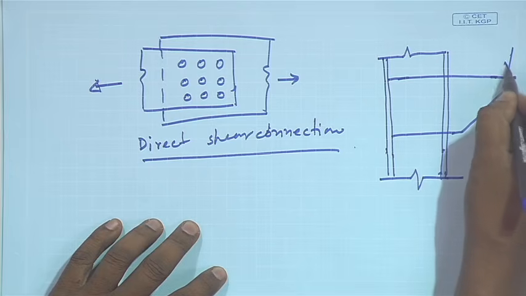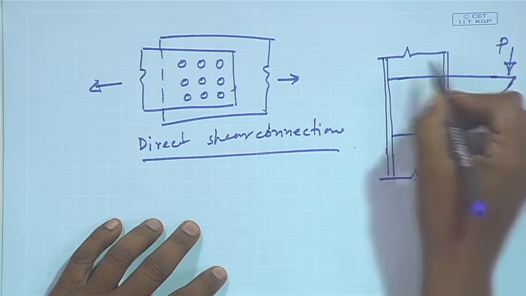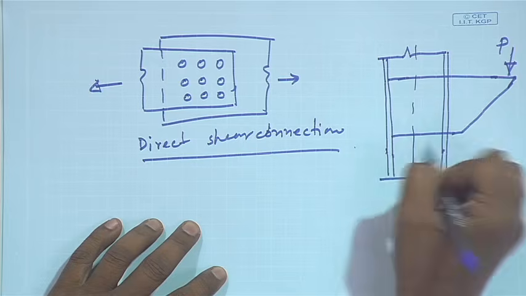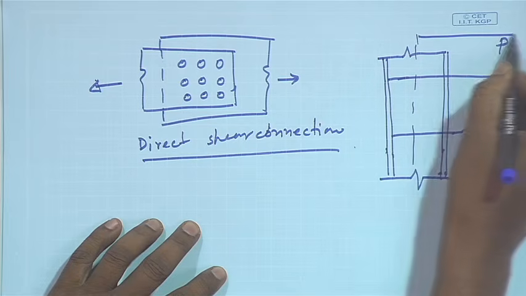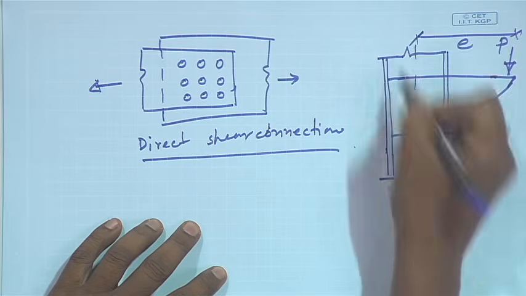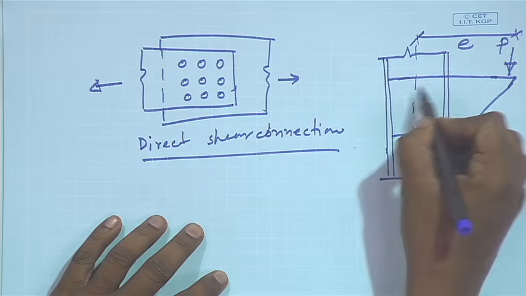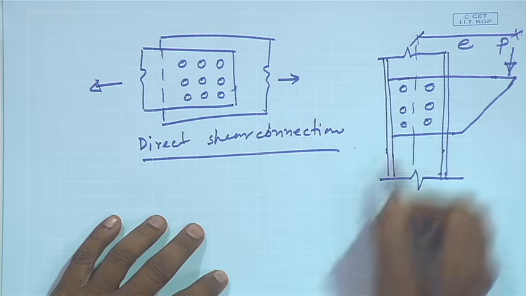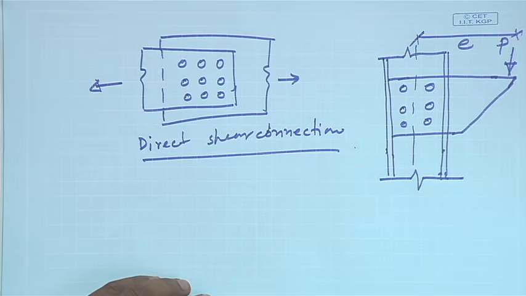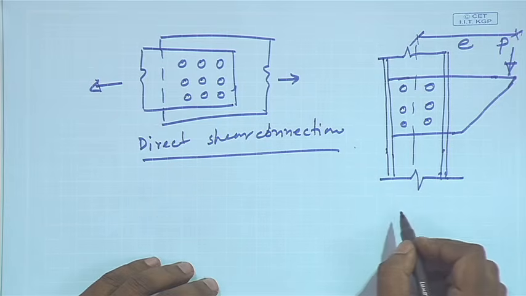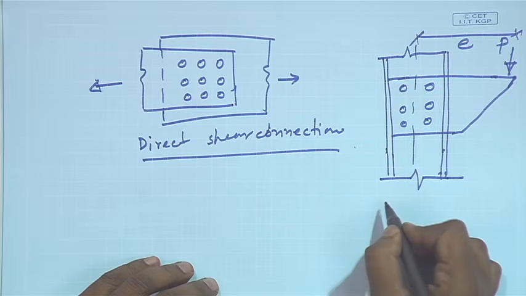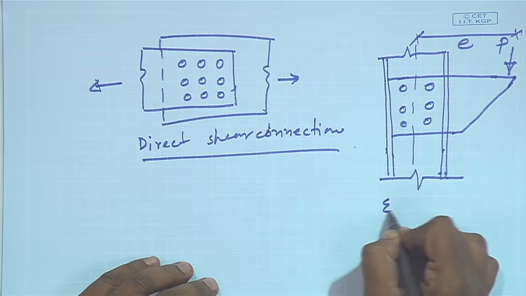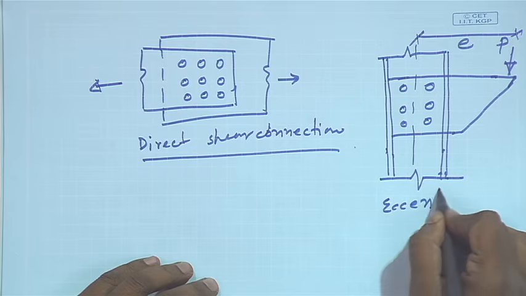If we have a load P here with an eccentricity E, and if it is connected through bolt, then such a type of connection exerts moment, because this is an eccentric connection.